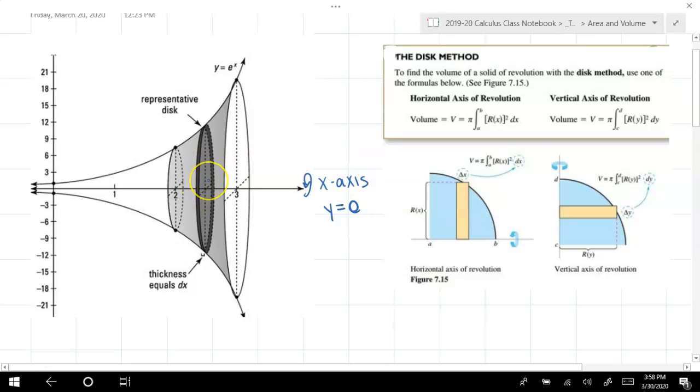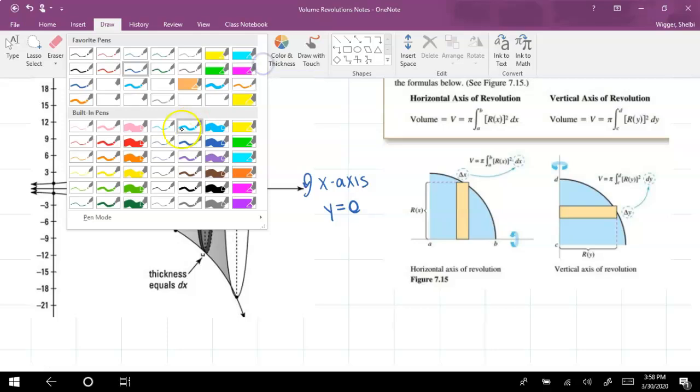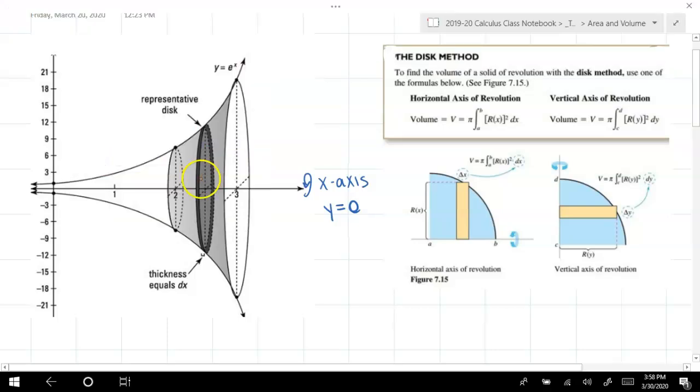If we go from the x-axis up to the function, that would be the radius of the circle you see here, the height of the function.